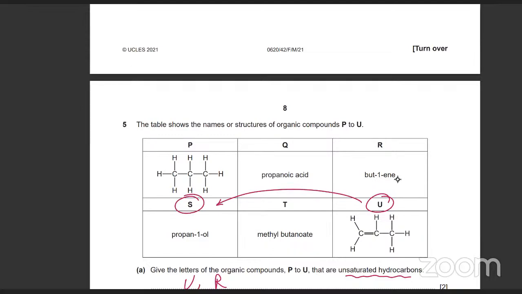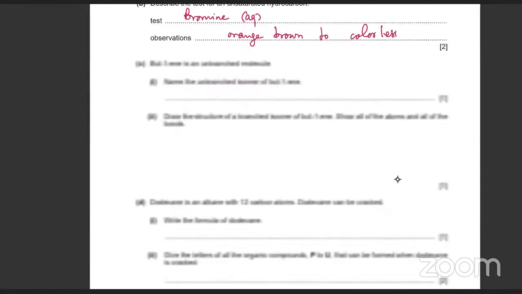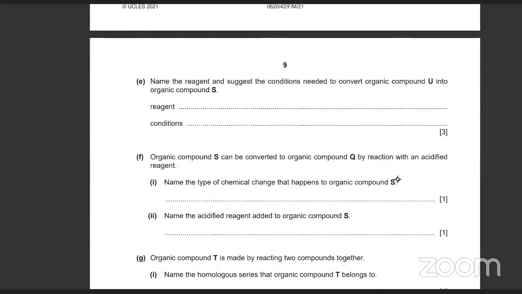डबल बॉन्ड में क्या ऐड करना पड़ेगा? Oxygen. Sorry. नहीं, water ऐड होता है ना. Addition reaction होता है, water gets added, right? And that's known as hydration. So that reaction is known as hydration. So the reagent for that is steam.